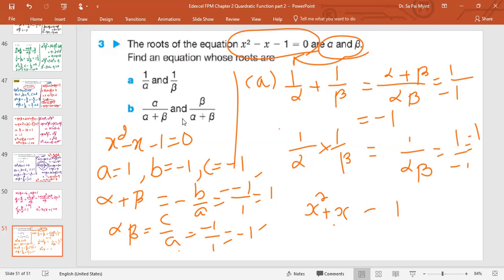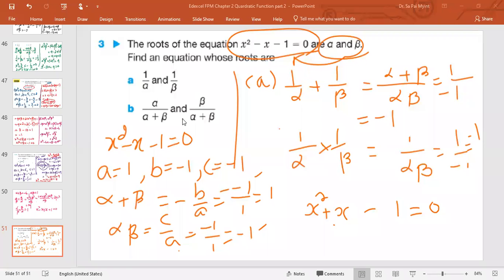So x squared plus x minus 1 equal to 0. Okay. After this, number 3b. 3b also, we have to find like that.